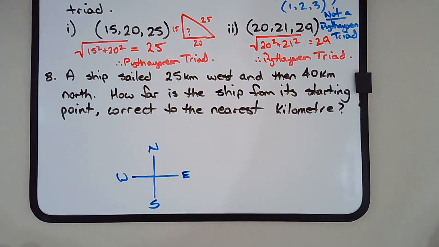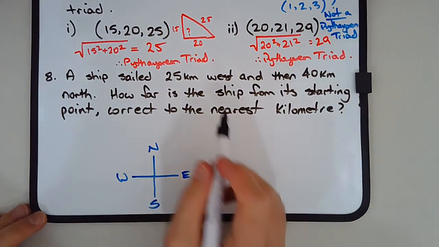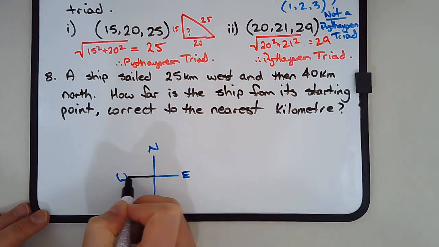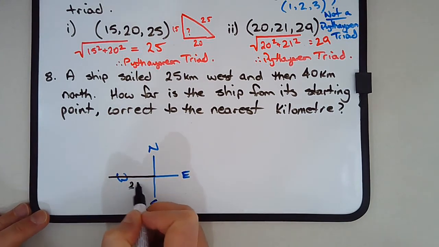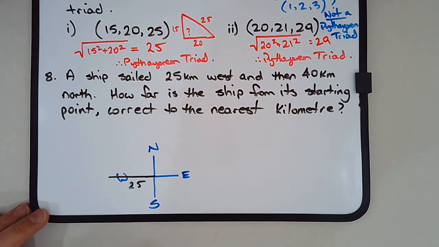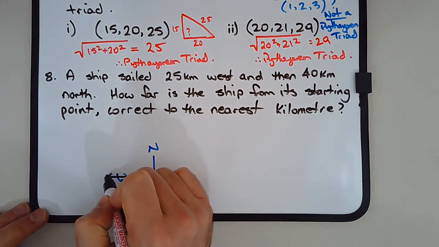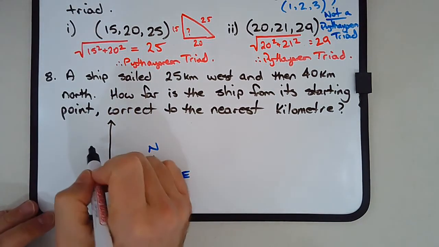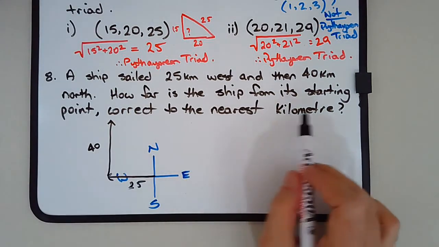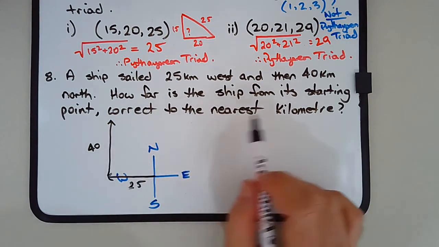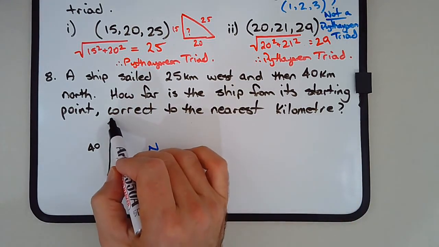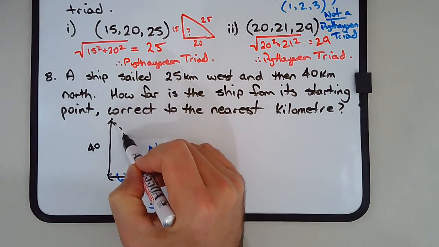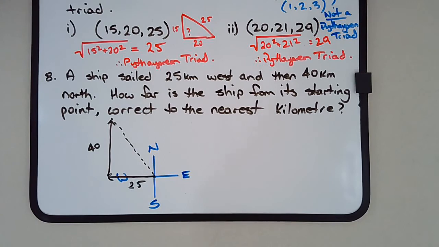The ship is sailing to the west first, so 25 kilometers to the west, and then it sails 40 kilometers in a northerly direction. And what we want is the distance the ship is from its starting point, that dotted line.